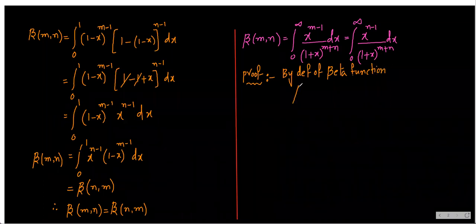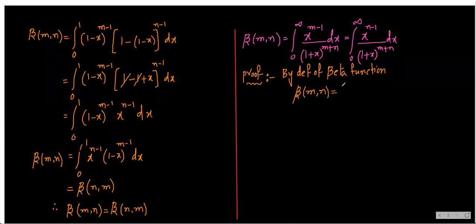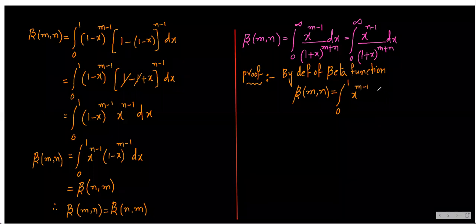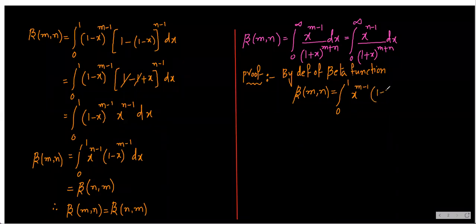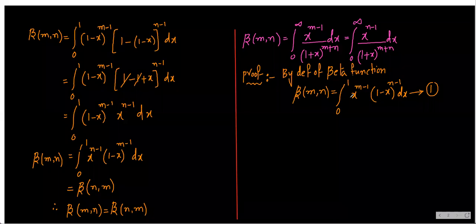Beta of m comma n is equal to, come on, give me the answer. Come on, integration of 0 to 1, x to the power of m minus 1 into 1 minus x whole to the power of n minus 1 into dx. This is the equation number 1.